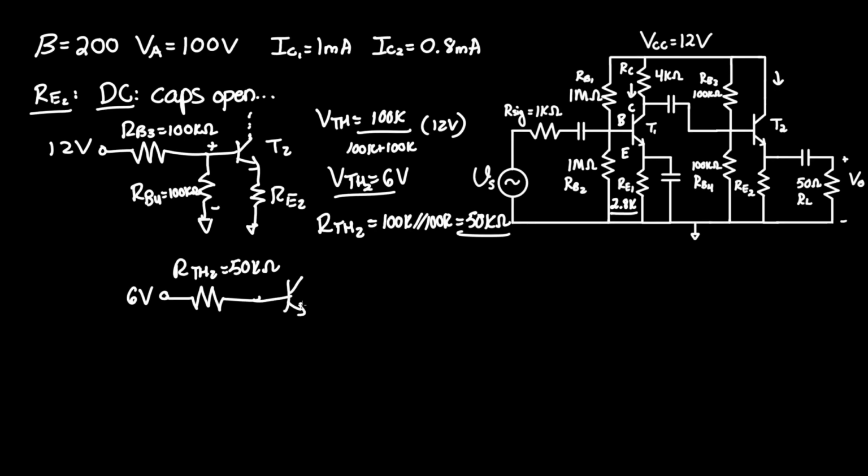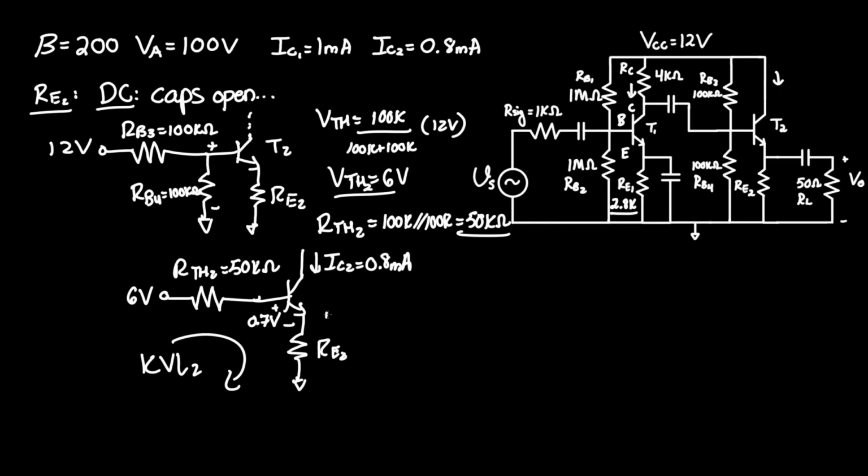Going into T2, attached to RE2. Remember the 0.7 volt jump, and we can do KVL2. But right before we do that, let's quickly write down that IC2 is equal to 0.8 milliamps. And just as before, IE2 is roughly equivalent to IC2, which is 0.8 milliamps.